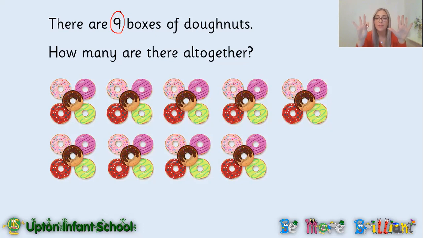So 5, 10, 15, 20, 25, 30, 35, 40, 45. So my answer is 45 donuts altogether. There are 9 lots of 5, and that equals 45. Okay?